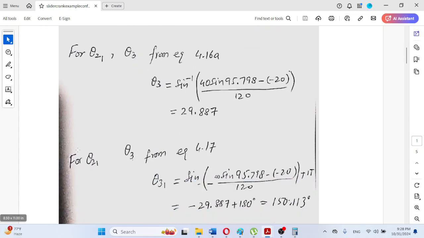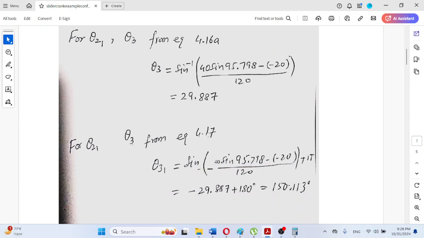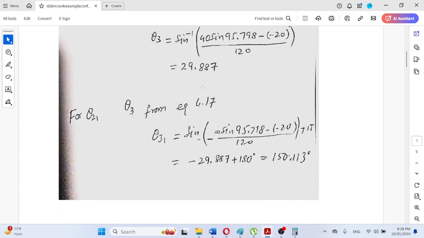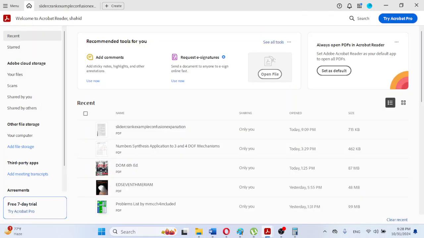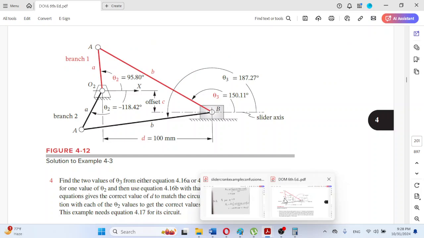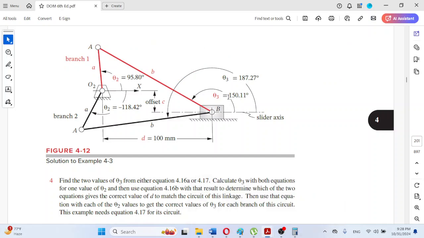So again, if we calculate the same for theta 2 1 the theta 3 value from equation 4.17, the other equation, we observe that equation 4.17 gives the other value, 150.113, and this equation is actually giving the correct value of theta 3.